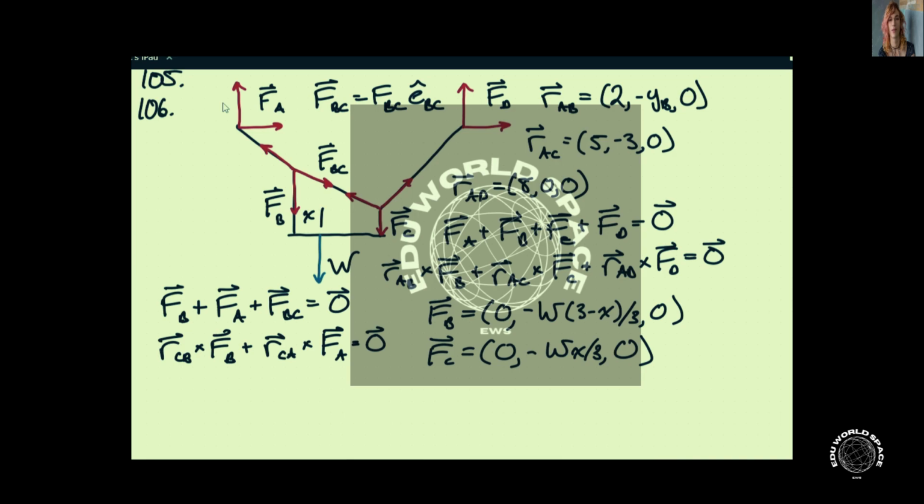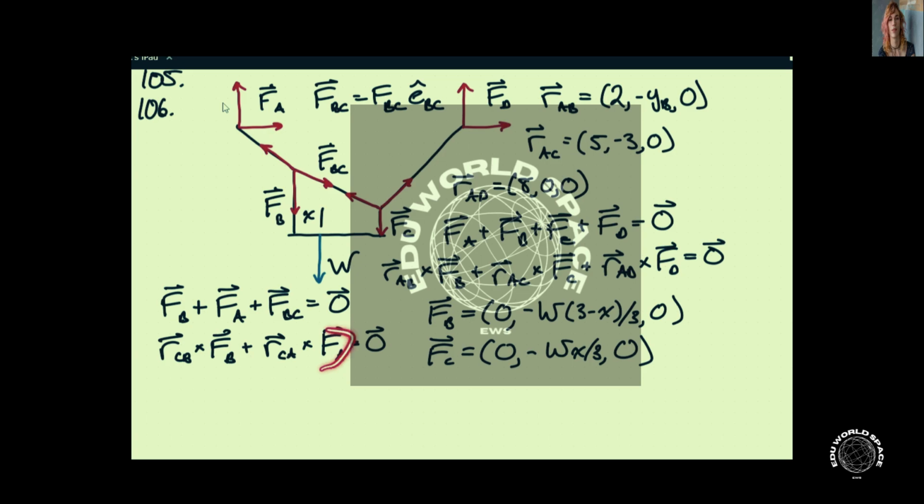And then we can take a cut. We can cut through here, and look at this substructure that I'm circling. In that case, we have FB plus FA plus FBC exposed. And then for moments about point C, FB creates a moment, and we can get our CB knowing these 2 things.